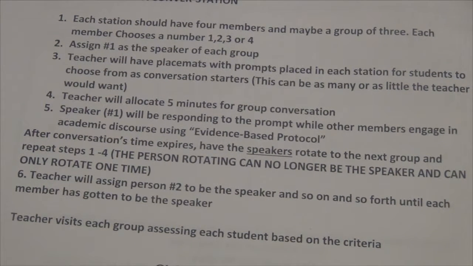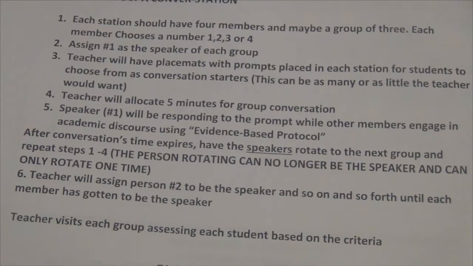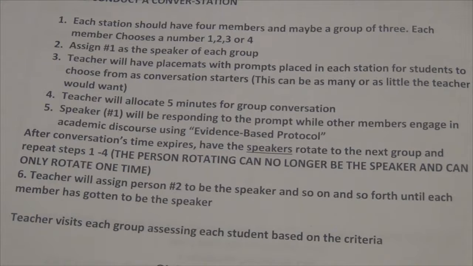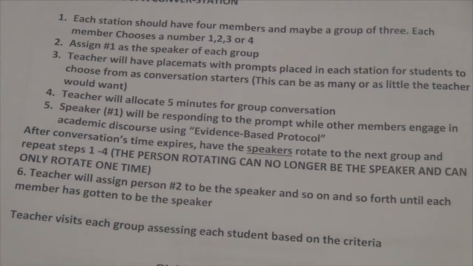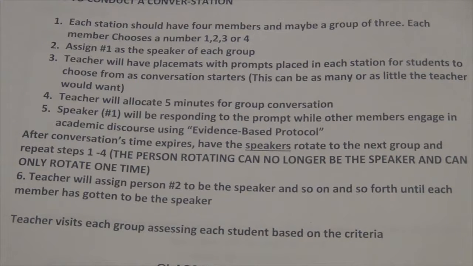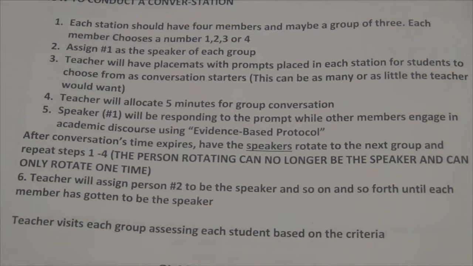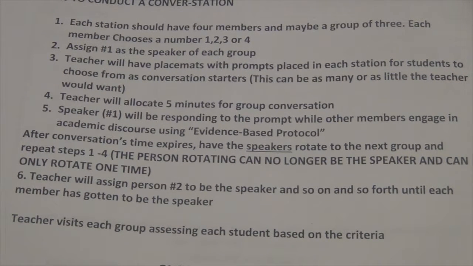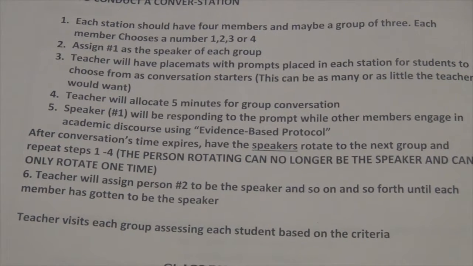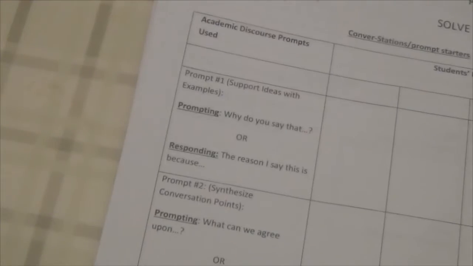Then number 2 will become the speaker, and so on and so forth until everybody has gotten to be the speaker. Number 2 is gonna become the speaker, and then number 3 becomes the speaker, and then number 4.